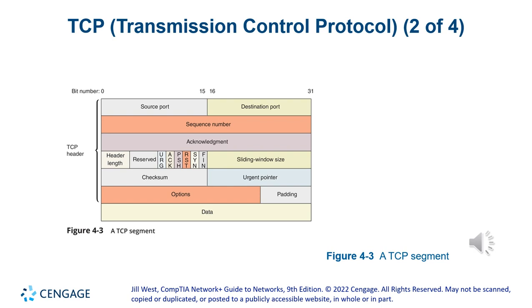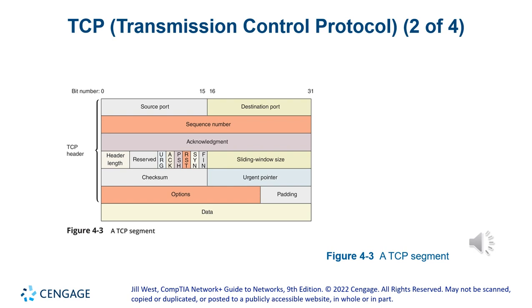And then there's a series of small fields here: the header length and reserved, and then what are called flags: urgent, acknowledge, push, reset, syn, and fin. All of those are normally set to 0, and they will be set to 1 to say, okay, this package is urgent. So that urgent bit there, because you see it's only 1 bit. If you look at the top, it's bit 0 through 31, right? If I receive something and I acknowledge I received it, then my acknowledge bit will be set.